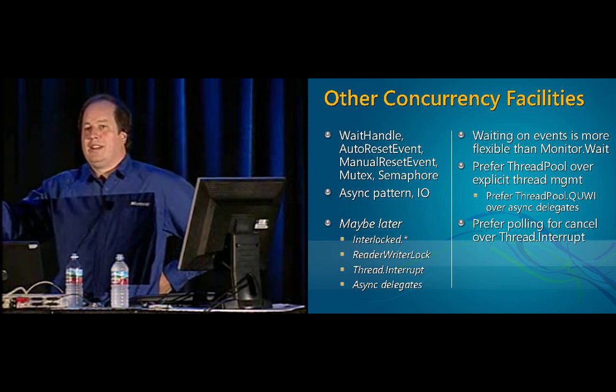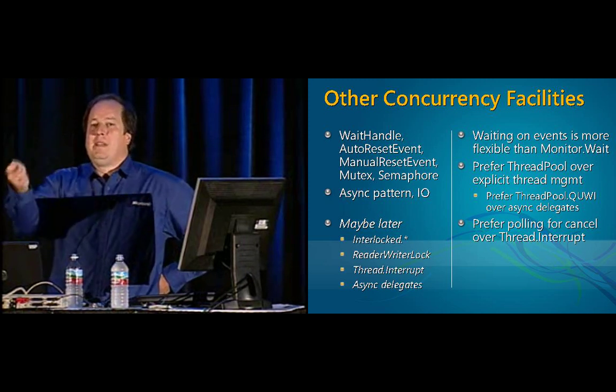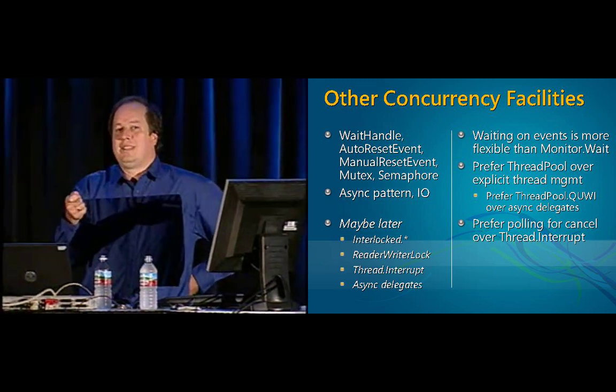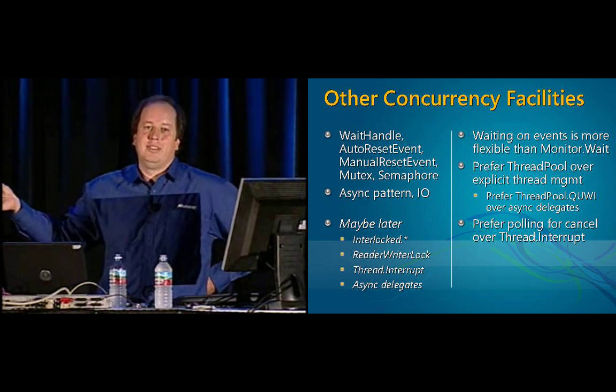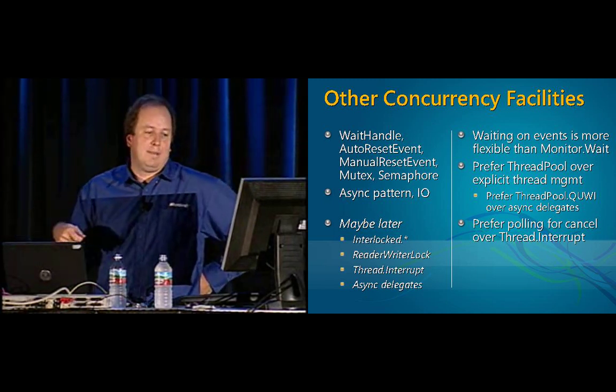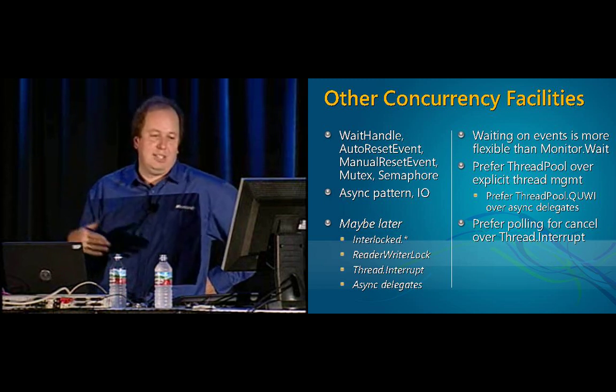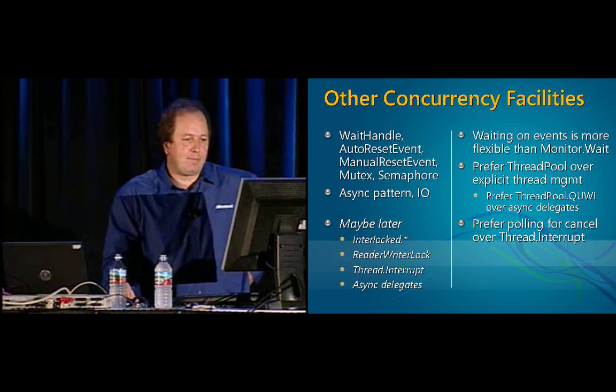If you do a Thread.Interrupt on another thread, it might generate an interrupt exception that your code is prepared to handle, but you might also be in some third-party code where that interrupt isn't expected. So polling for cancellation is safer.